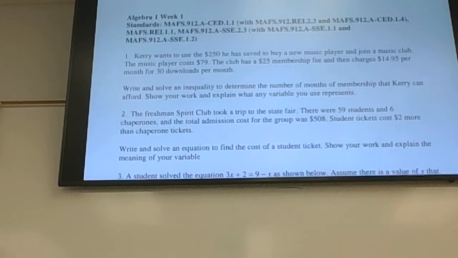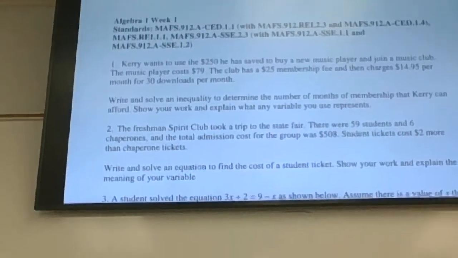Like MA stands for mathematics. 9 through 12 is what that 912 is. And then CED 1.1, that's just a certain part of the curriculum. So when you read all those symbols, it just says math 9 through 12, and then it states part of the curriculum. And that's national requirements for our public schools.